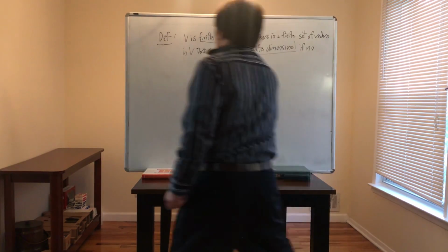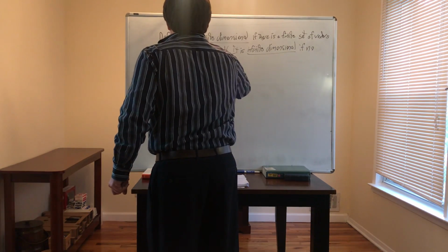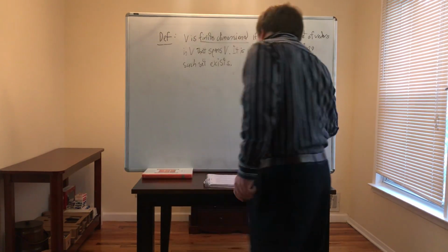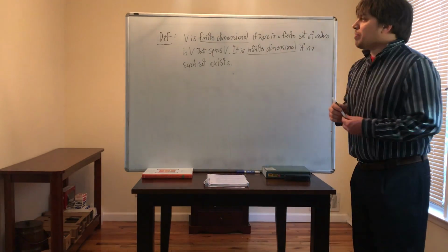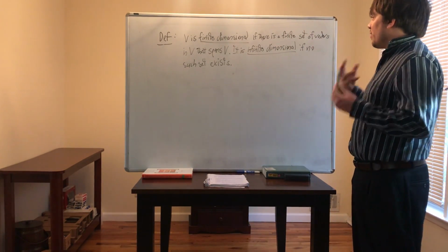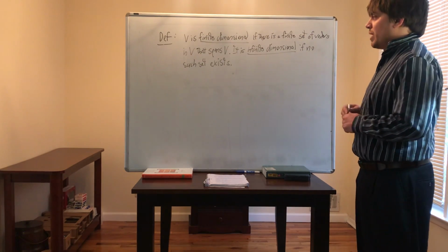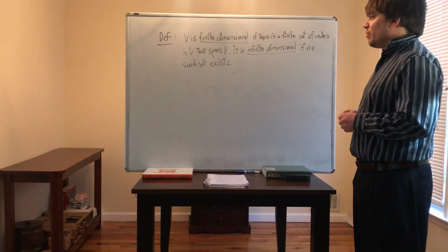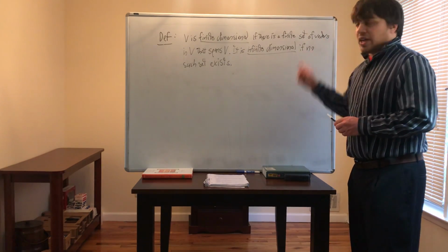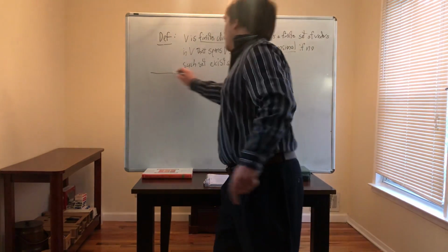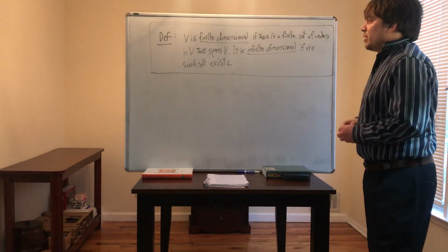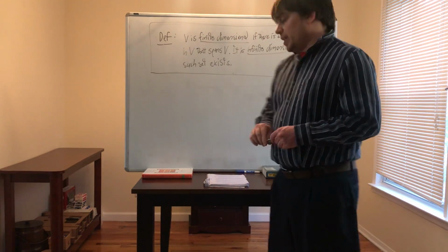Okay, so if capital V as a vector space is finite dimensional if there is a finite set of vectors in V that spans V. It is infinite dimensional if no such finite set exists. Okay? So that's the definition of a finite dimensional and infinite dimensional vector space.